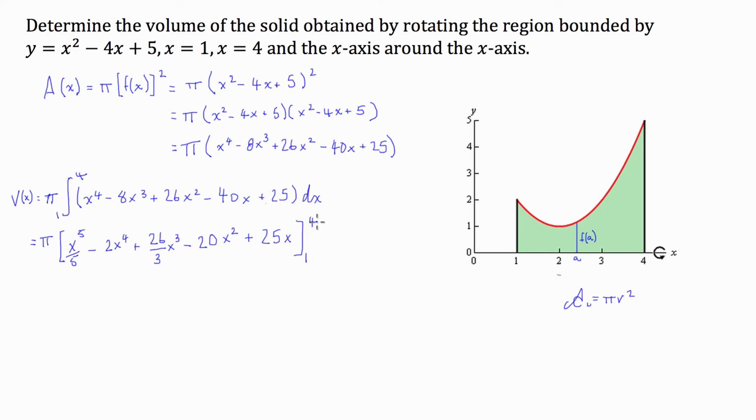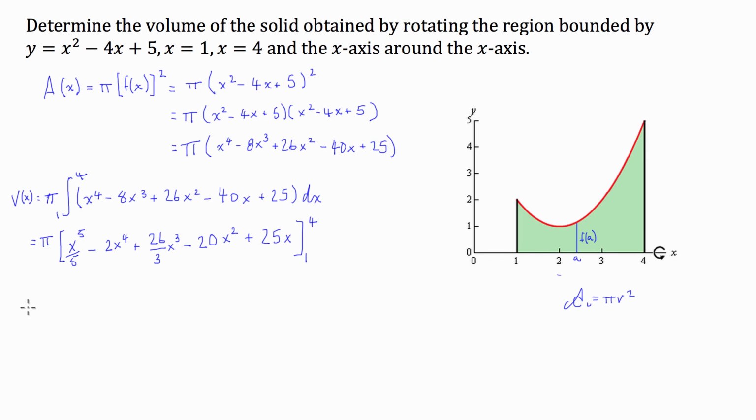So what this then involves is we evaluate this function that we've derived here at 4, and it'll pop out a number. We evaluate this function at 1, and it'll pop out a number, and then we subtract the one that we get at 1 from the one we get at 4. After we do all that, we then multiply it by pi.